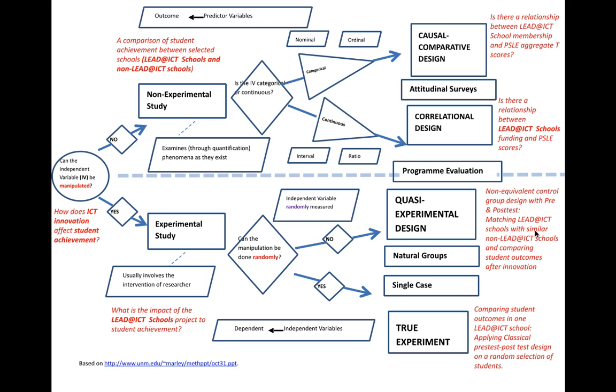Quasi-experimental design says that I cannot randomly assign. So what I do is I have a non-equivalent control group design with pre and post test. I still have a pre and post test, but what I did was I got one lead at ICT school, and then I compared it with another school which does not apply the lead at ICT innovation, but they're very similar.